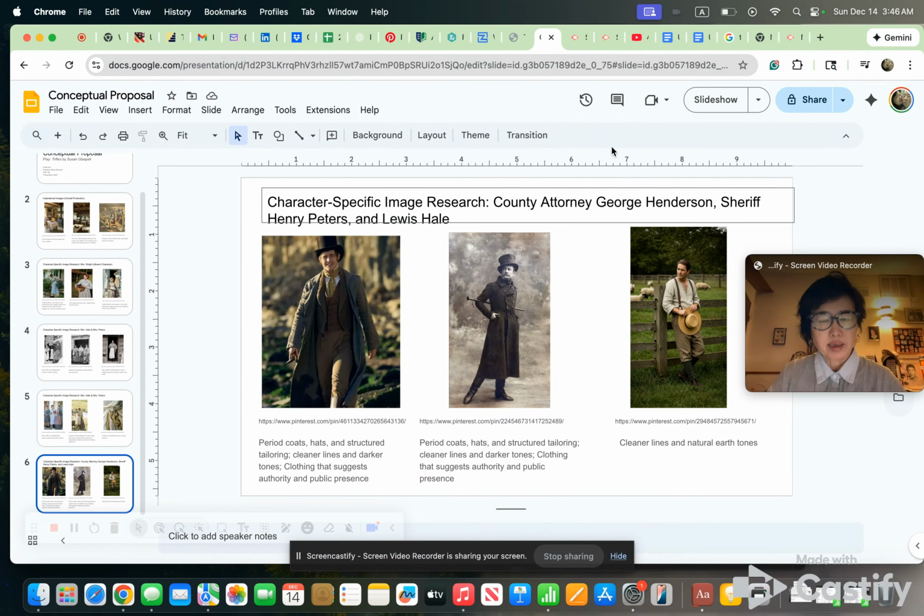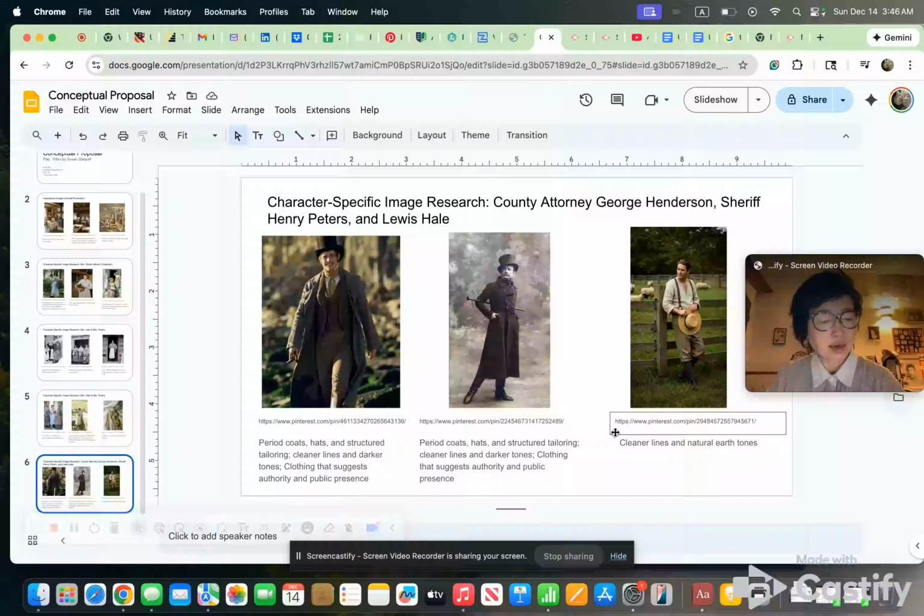They are the upper class men. These men's clothing is more structured and orderly, reflecting their authority and control.